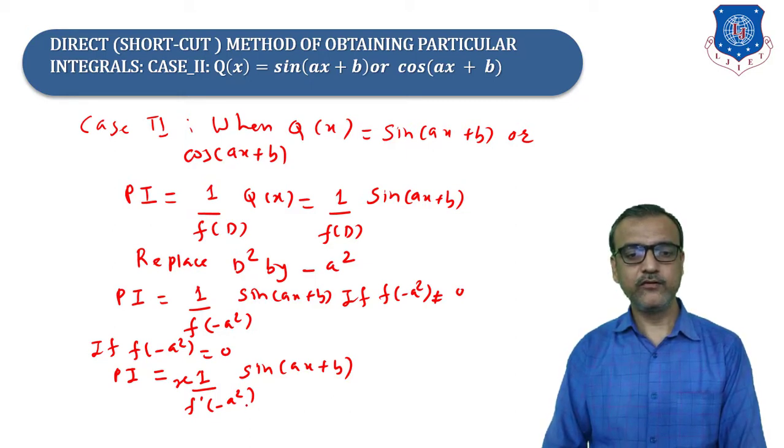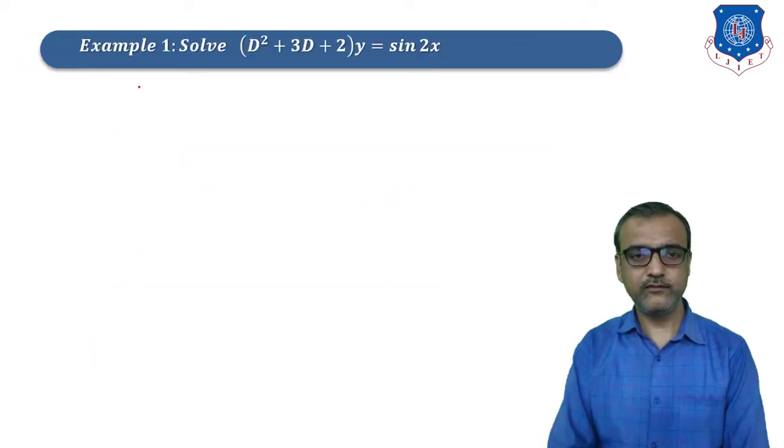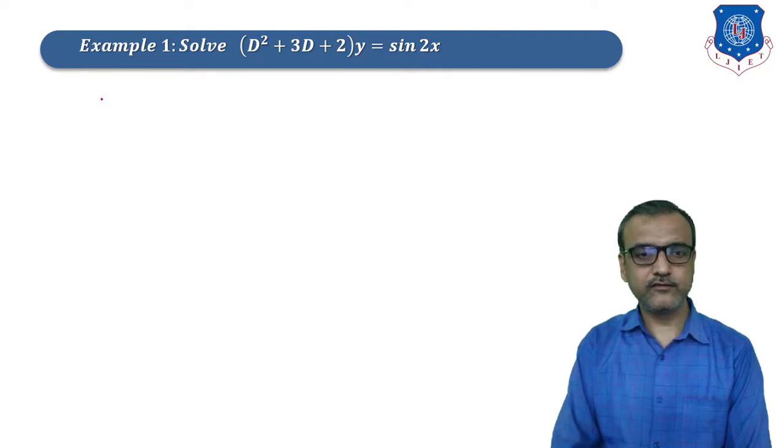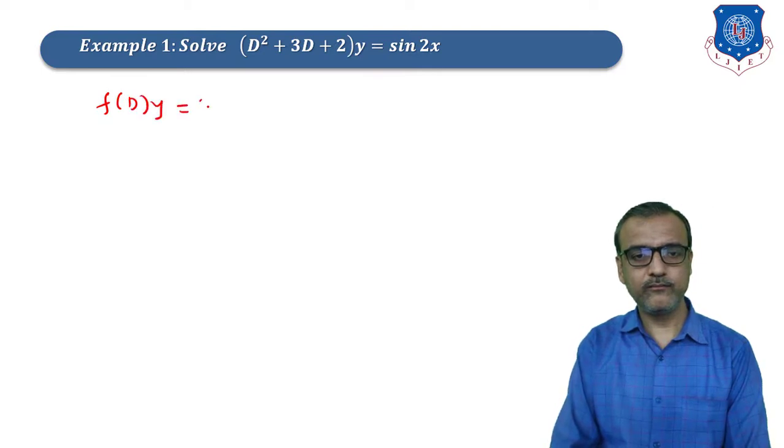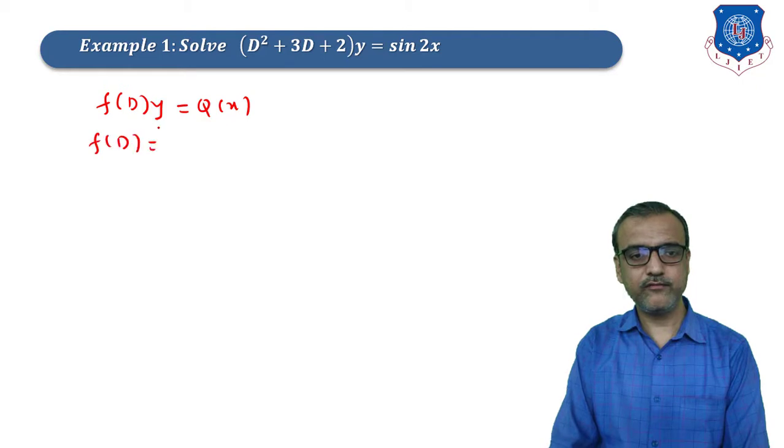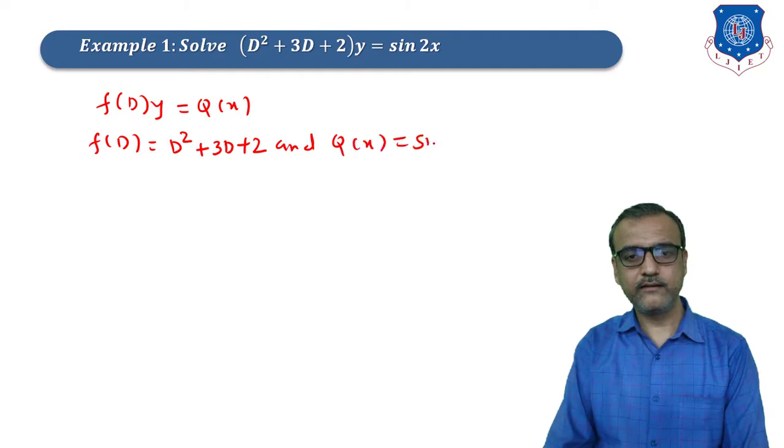Now I will make you understand examples based on this topic. So we have example number 1. Solve D square plus 3D plus 2 of y equals sine 2x. Here the differential equation is of the form f of D y equals q of x, and in this problem we have f of D equals D square plus 3D plus 2 and q of x equals sine 2x.